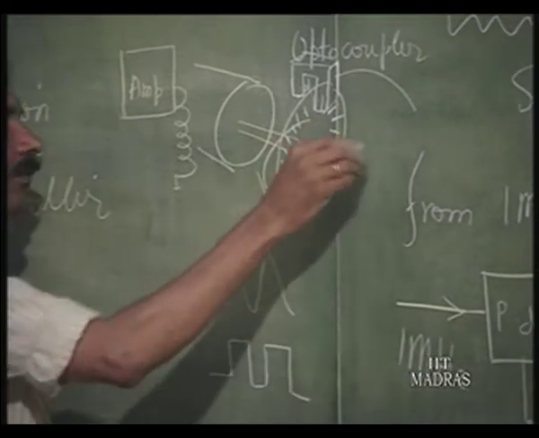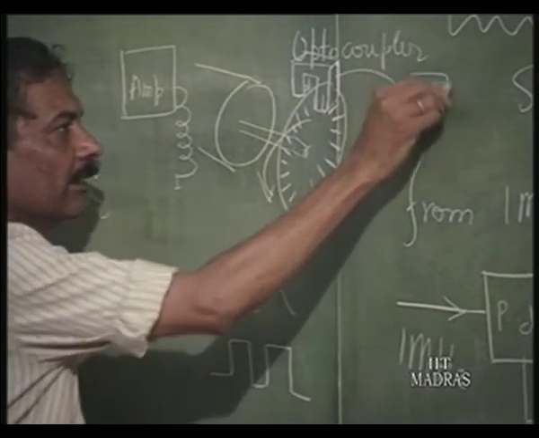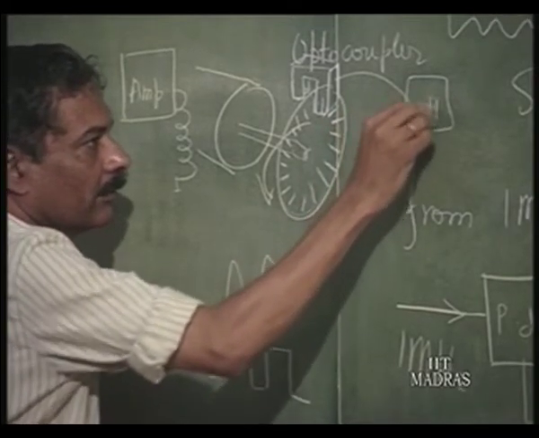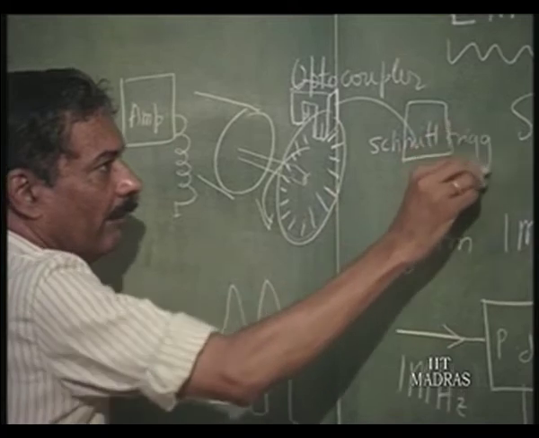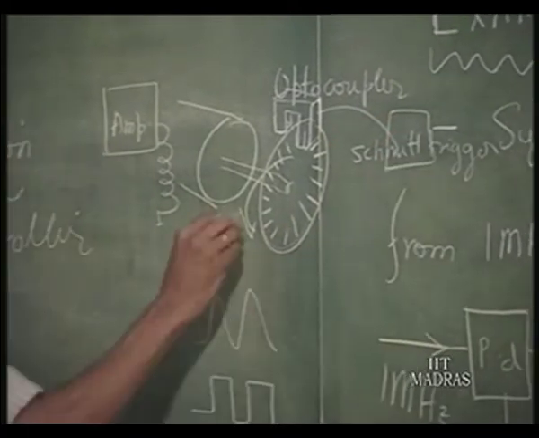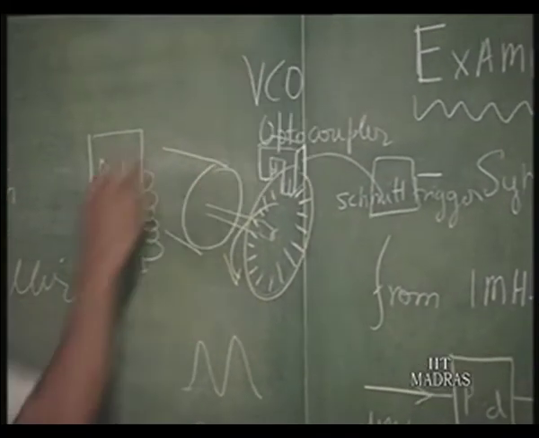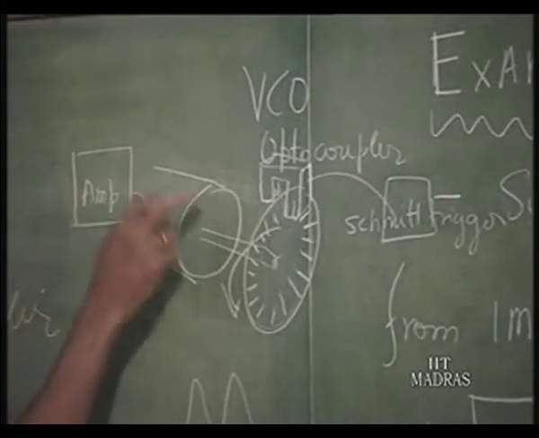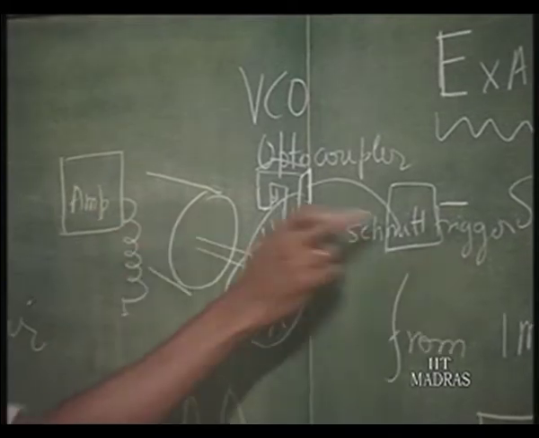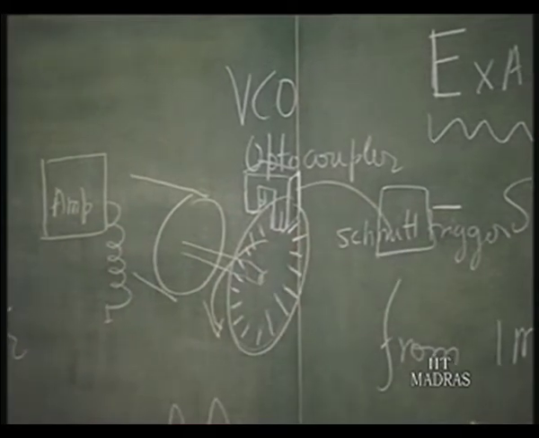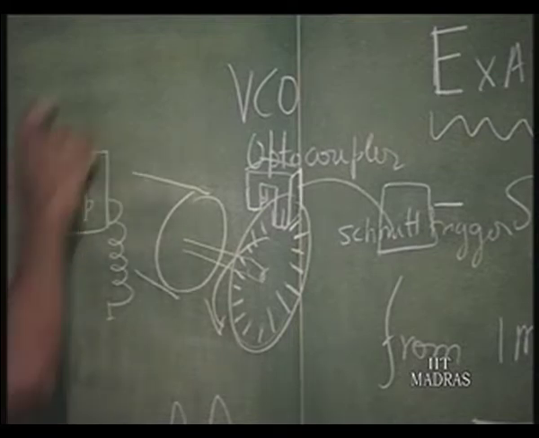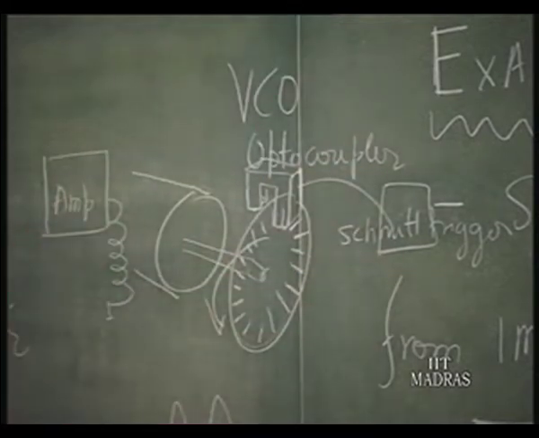The Schmitt trigger developing a square wave is nothing but a voltage controlled oscillator, because this is the control voltage, and this DC voltage will change the speed of the motor, and the motor speed will change the frequency of the Schmitt trigger output. So, this frequency is directly changed by this DC voltage. So, the entire combination can be treated as a voltage controlled oscillator.